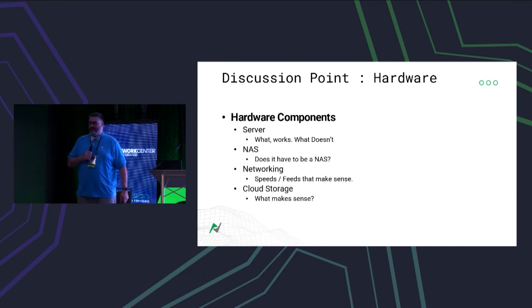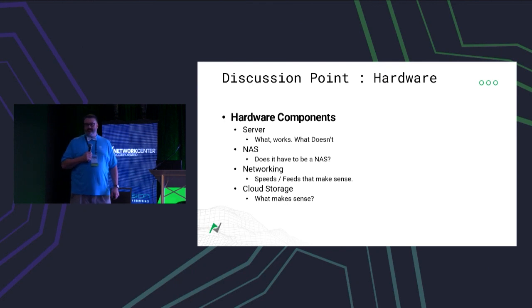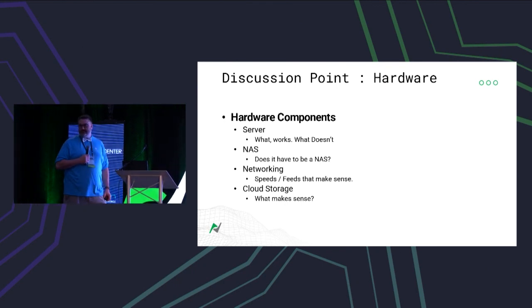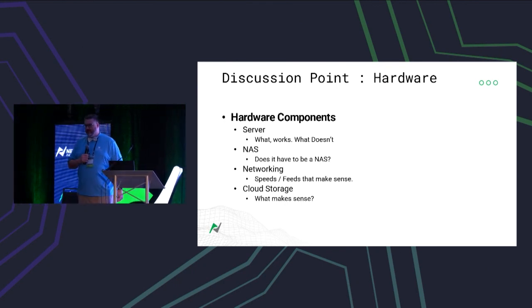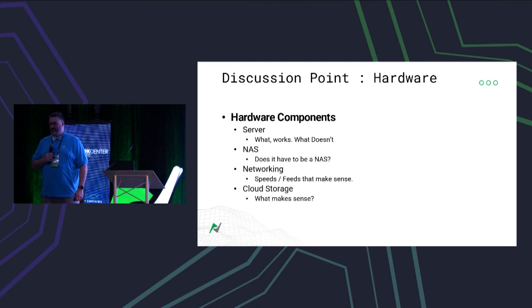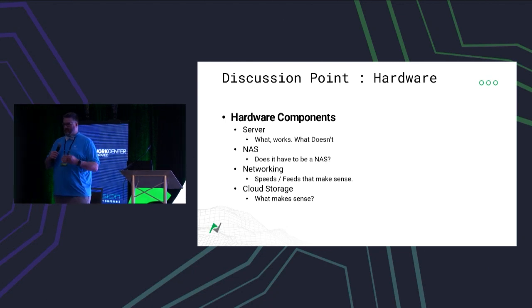All right, so why hardware matters, right? Speed of recovery. I mean, Veeam will allow you to pick what you want to put it on. You're not buying a complete solution, right?